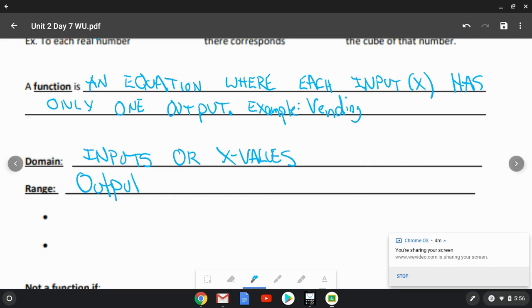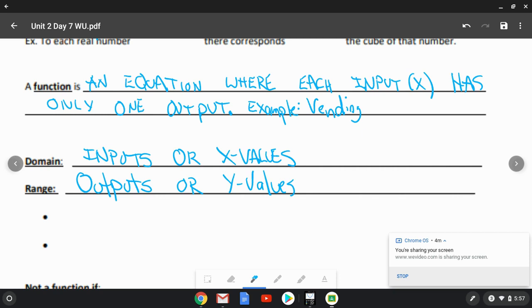So that's what you get out. So that'd be my y values. So those are 2 vocabulary terms that are often used from here on out in your math career. The domain is your x values, your inputs, and range are your y values or your outputs.